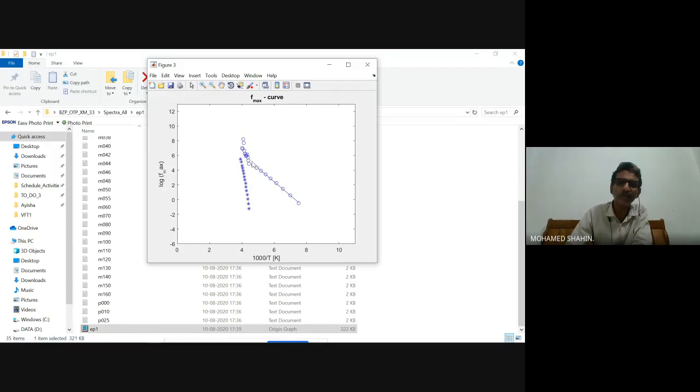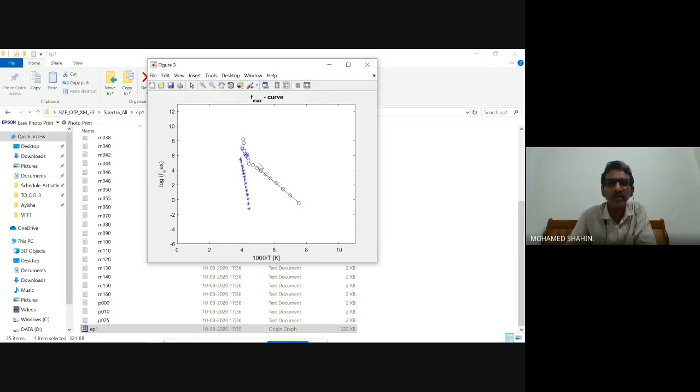Anyway, we don't calculate the activation energy by accommodating these points. So we have to ensure that all the data evaluation takes into account only points which are on a straight line.